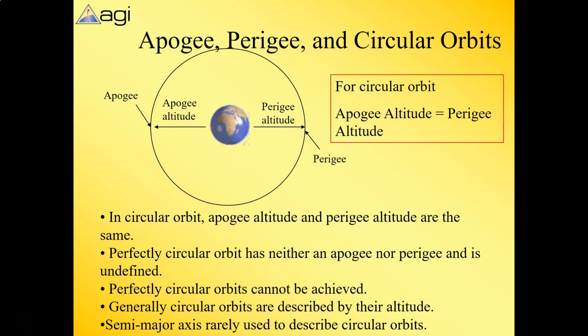Generally, circular orbits are described by their altitude, and semi-major axis is rarely used in describing a circular orbit. Again, circular orbits can be forced to happen, but they are not something that we can really achieve. There is always one point at which the object physically has to be further away and closer.